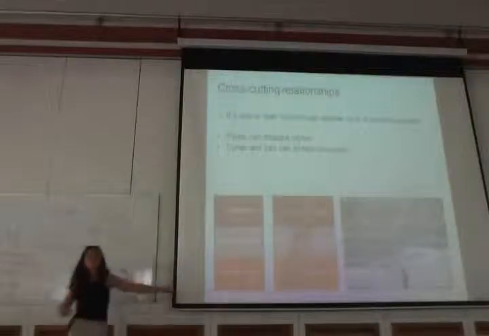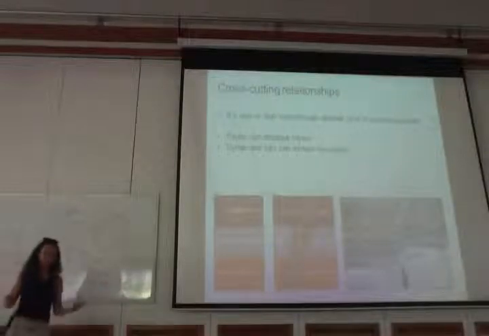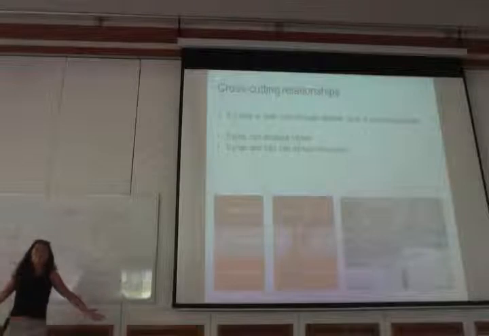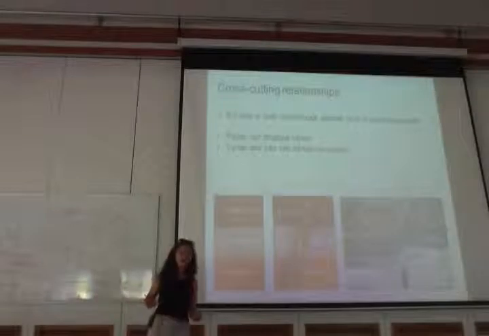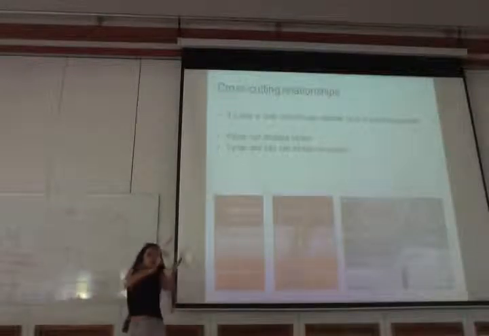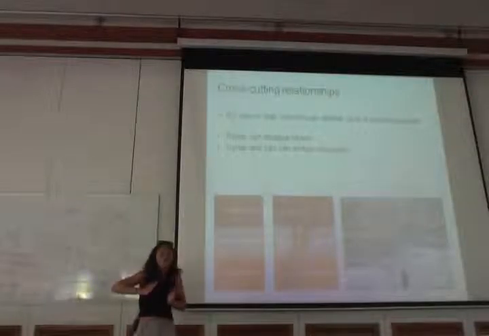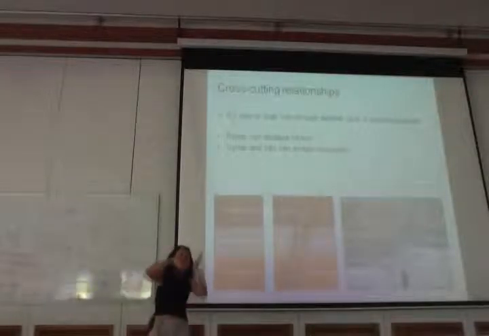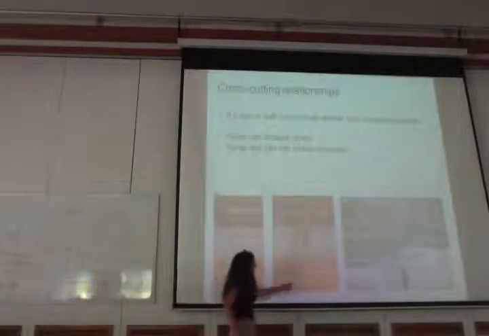So another principle, which is quite simple and obvious, is that if you see a stratigraphic sequence and something cuts through it, so a dike. So remember, a dike is formed when molten rock, magma, pushes its way into the surrounding rock, either through a pre-existing joint or it forces the rock open because it's under pressure, and then it solidifies to form a dike.